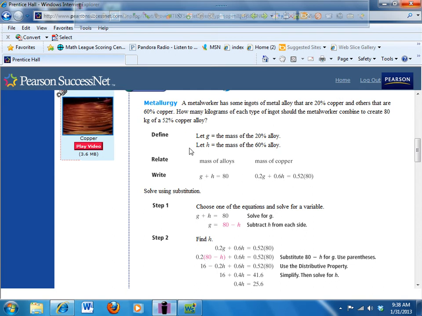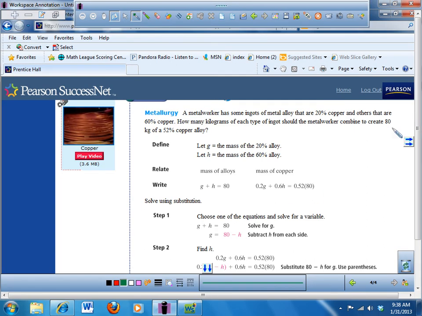The two things first, you go G plus H equals 80, because altogether you want this 80 kilograms altogether. Okay? So you have one that has 20% copper in it, another has 60%, and you want the final product to have 52%.